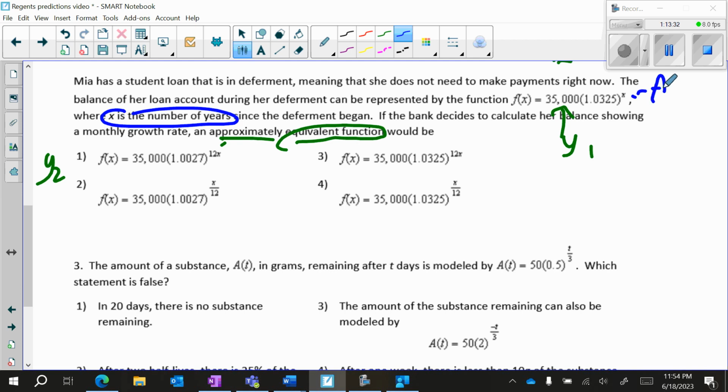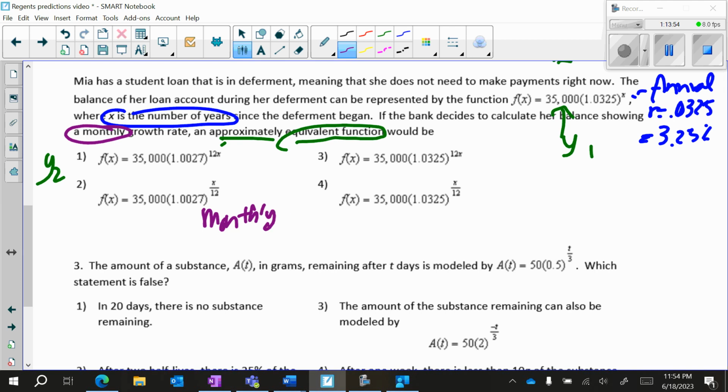So this is the annual equation, which means the annual growth rate is 0.0325, or 3.25% growth per year. And then they ask, can you convert it to monthly? This is where you need to know that if it were monthly, the exponent would be 12t or 12x, because that means 12 times a year. So if you know that, you're already down to choice 1 or 3.